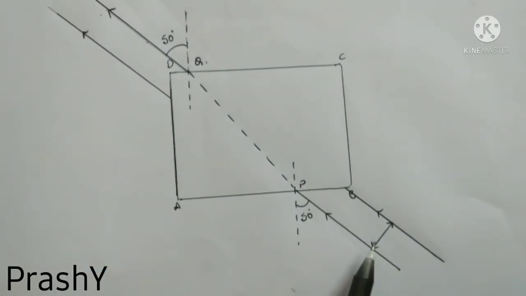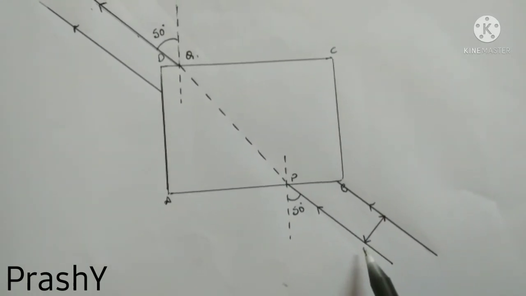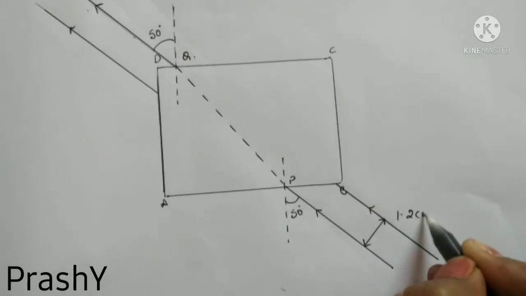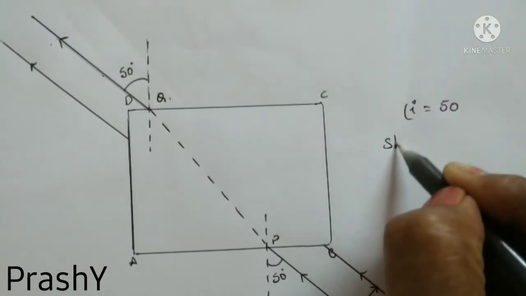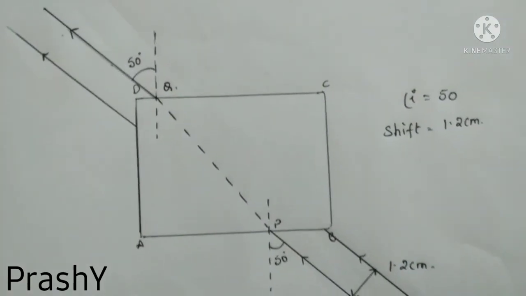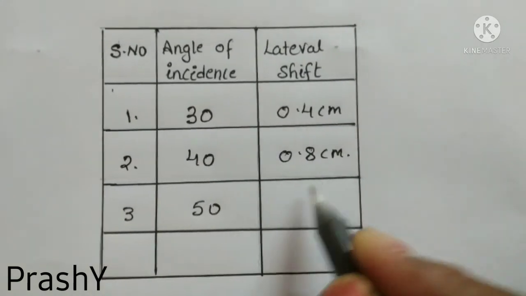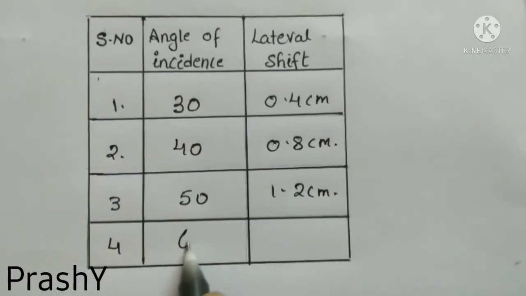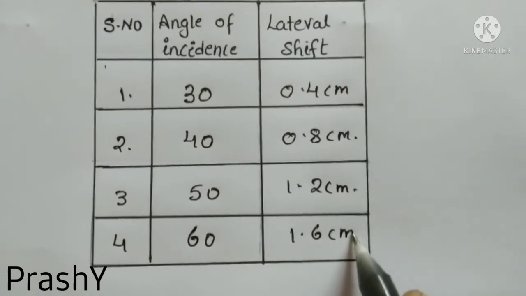Repeating the same process, we get again 2 parallel lines, and the distance between them, what we call the lateral shift, is measured to be 1.2 centimeters. So for 50 degrees we got 1.2 centimeters, and similarly if we conduct the same activity with 60 degrees we will get nearly 1.6 centimeters.